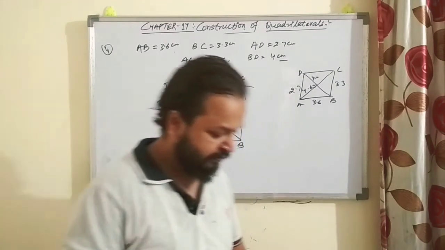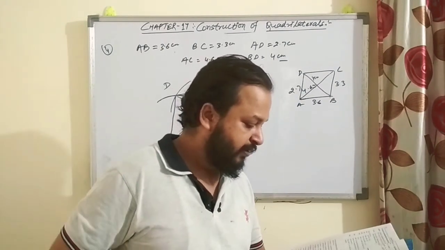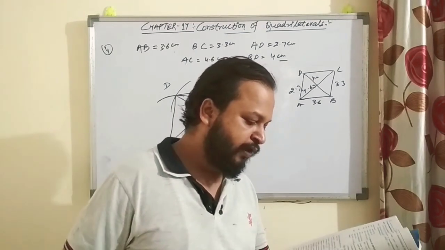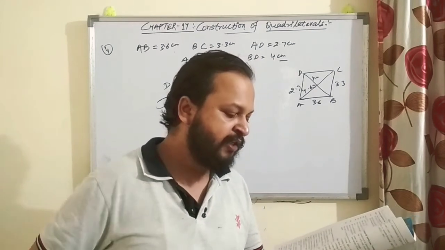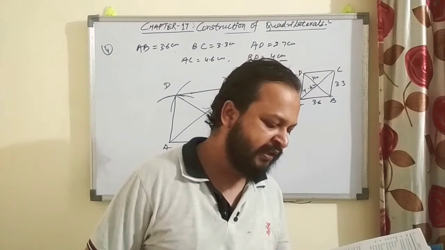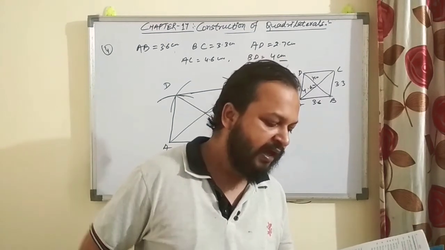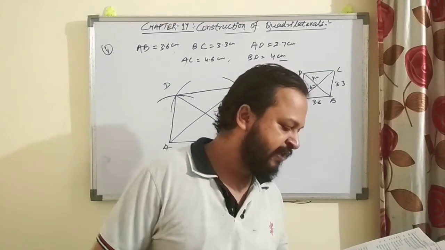Now come to question number 5. In question number 5, you have to construct a quadrilateral PQRS where QR is given as 7.5, PR and PS are equal, 6 centimeter, RS is 5 centimeter and QS is given as 10 centimeter.